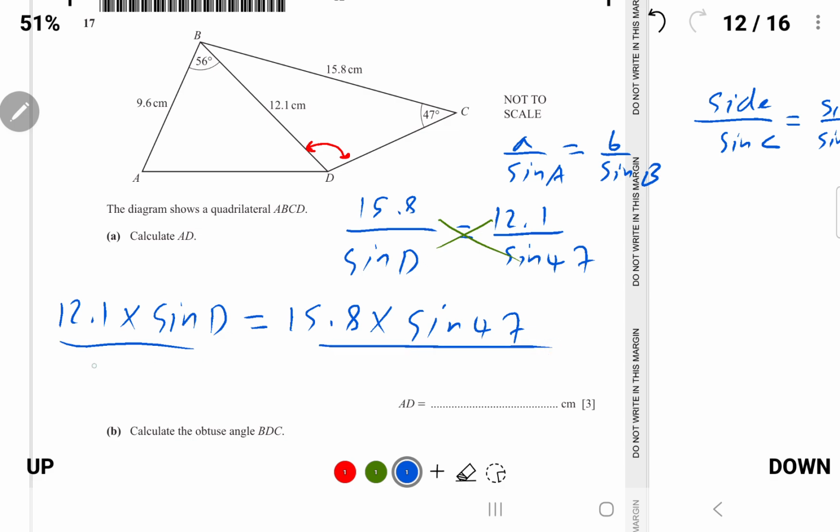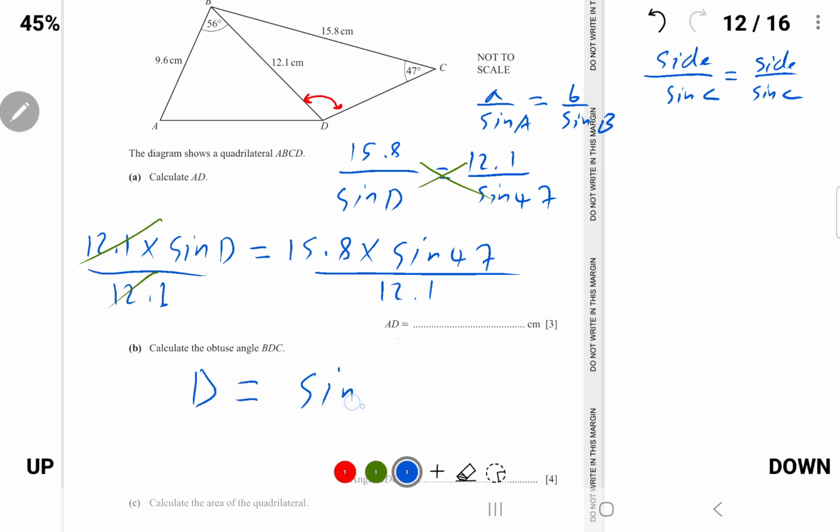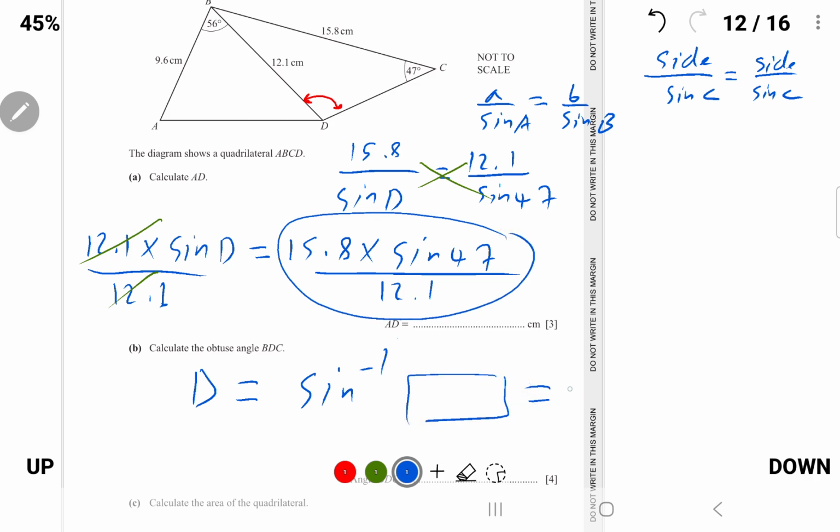Now we divide both sides by 12.1. Now cancel these. So you get angle D. In this case, D is equal to sine inverse of what you got here, which is 107.3.